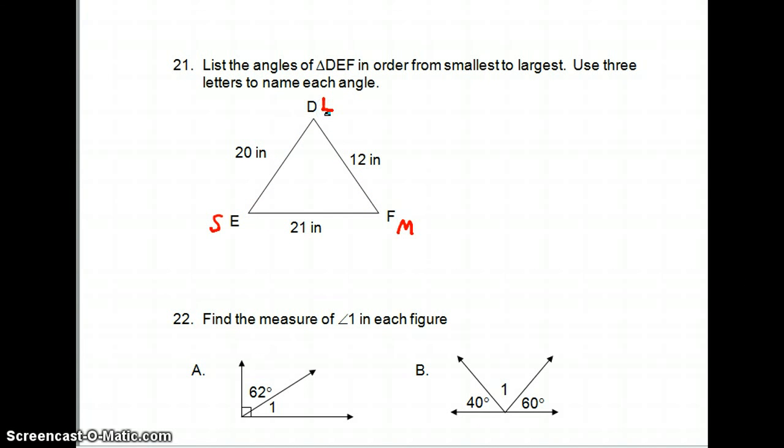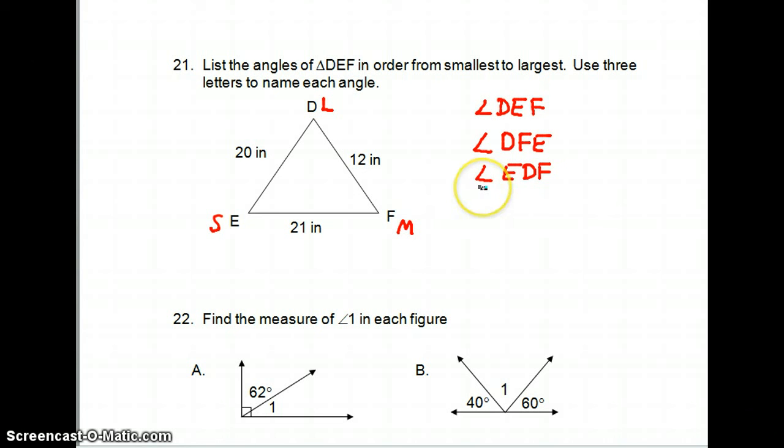Now, to name these with 3 letters, we just need to make sure that the letter we're looking for is in the middle, so this one we could name angle DEF, or FED as long as E is in the middle. Medium is over here. F has to be in the middle, so we'll just say DFE. And then the largest one is D in the middle, so we'll just say EDF. Just make sure that the angle you're talking about is in the middle.